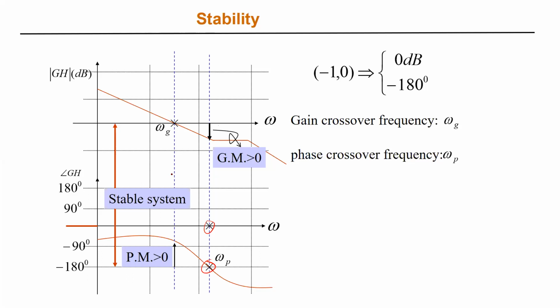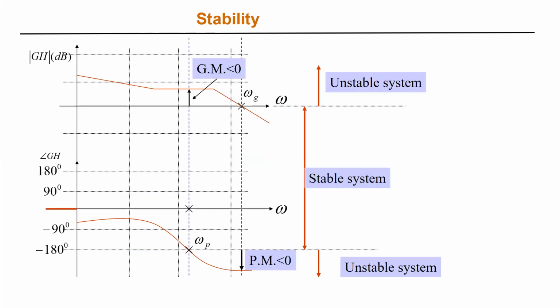I read from here, go down, and take this intersection. If I'm above the 180 degree, then my system has a positive phase margin and the system is stable. While here, at the 180, I'm intersecting above the 0 dB line, sorry, which means my system has become unstable, or the phase margin is in this area.